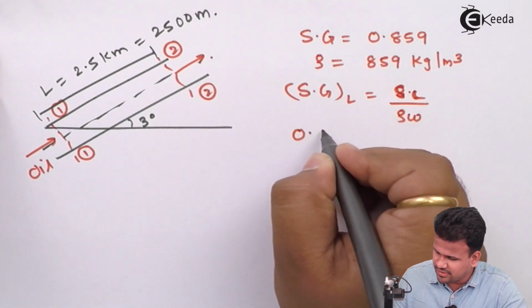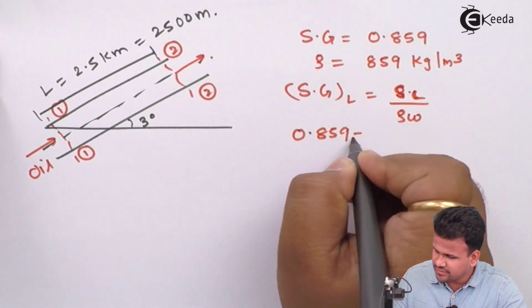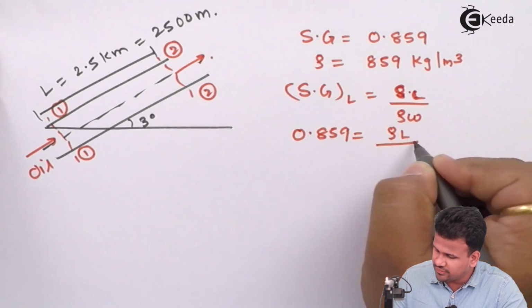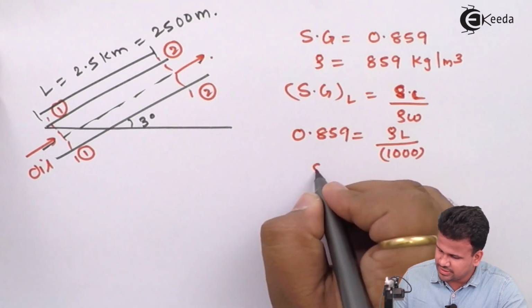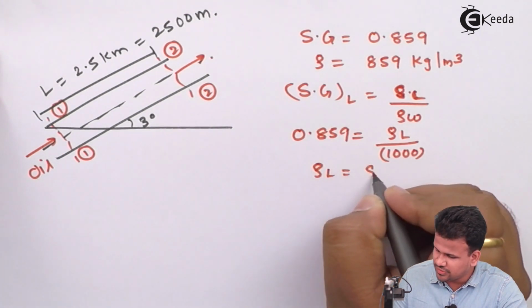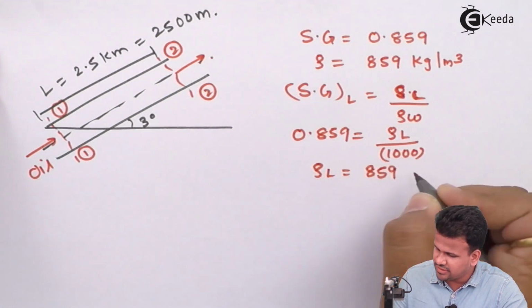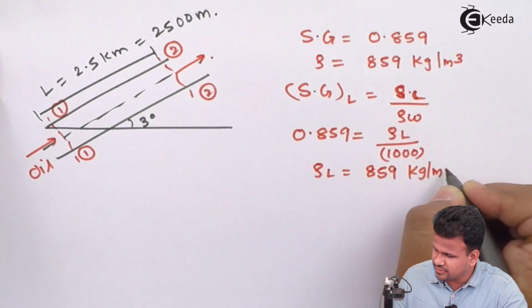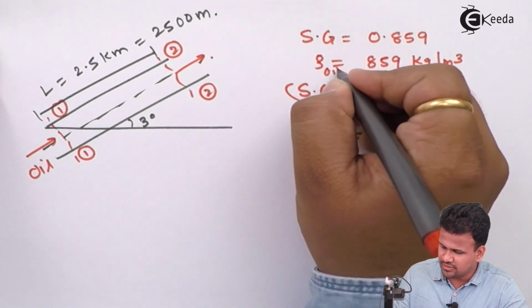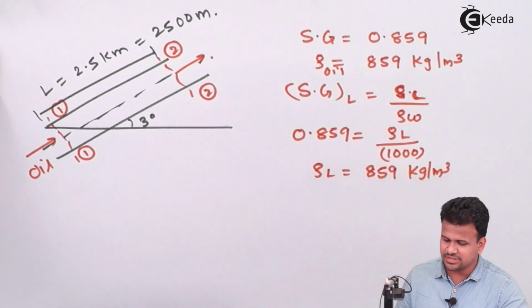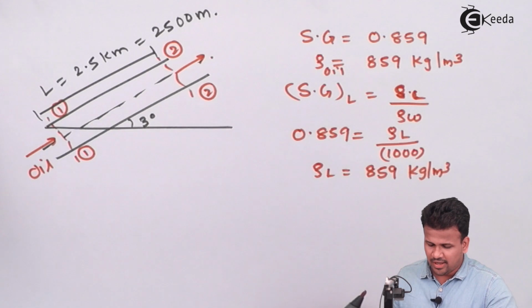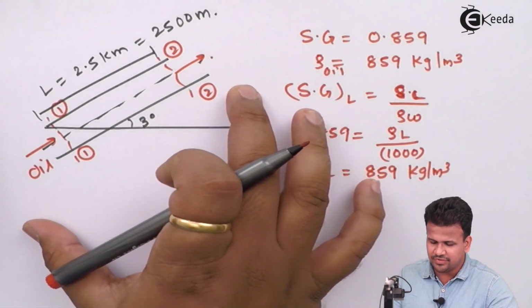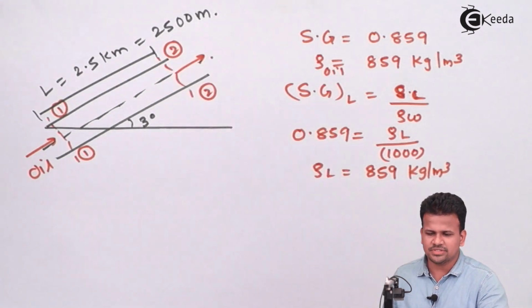So the specific gravity is 0.859, so the density of the liquid is 859 kg per meter cube. So that is the density of oil which we have calculated, since our liquid is oil. We have written this by reading the first statement.